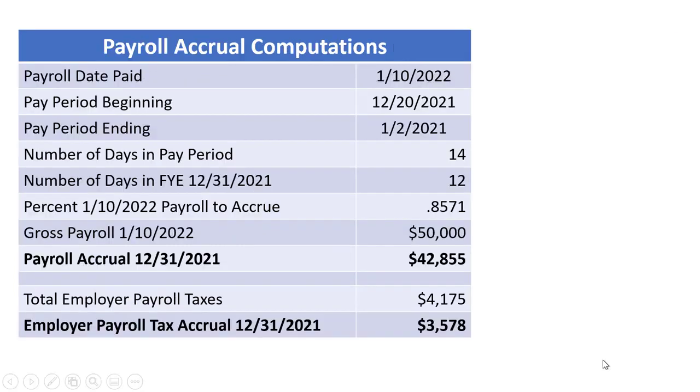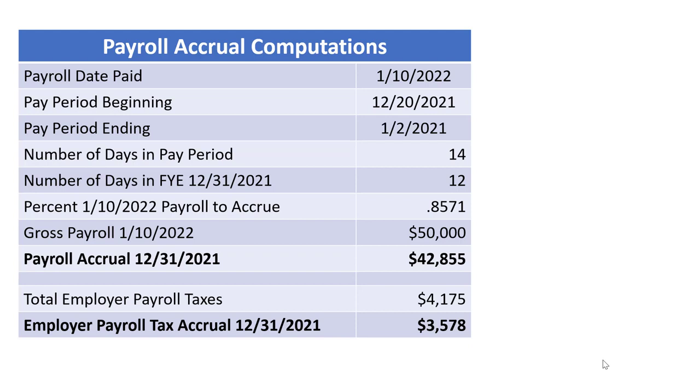Okay, your payroll paid date was 1/10/2022. The payroll began on 12/20/2021, and the pay period ended 1/2/2022. You have a total of 14 days in the pay period, of which 12 of those days were in 2021. So 12 divided by 14 is 0.8571. The $50,000 in payroll expenses we determined on the previous page, multiplied by 0.8571, gives you $42,855.